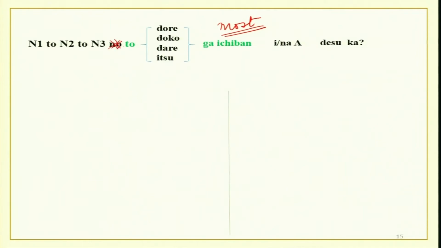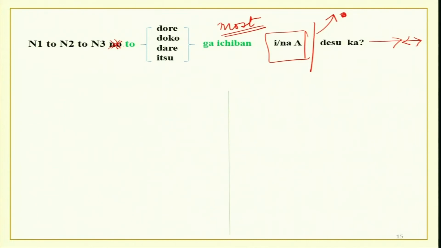So, noun 1 to, noun 2 to, noun 3 to, dore, doko, dare, itsu ga ichiban, whatever the adjective, desu ka. Flat intonation. If you want to finish over here, then the intonation is always rising. This is formal and this is informal.